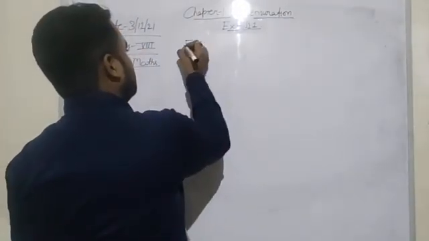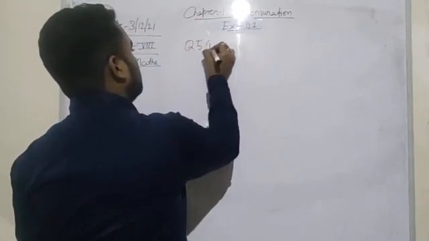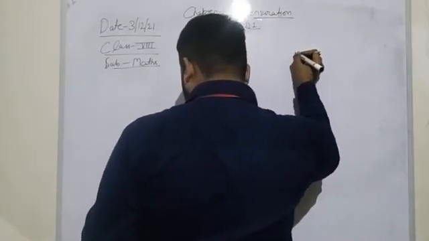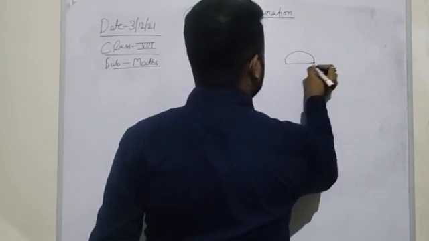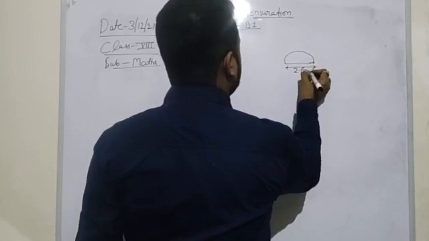So I am going to discuss the next question, that is question number 5. First part, we have to find the length covered by the ant. It means the perimeter of the food piece.